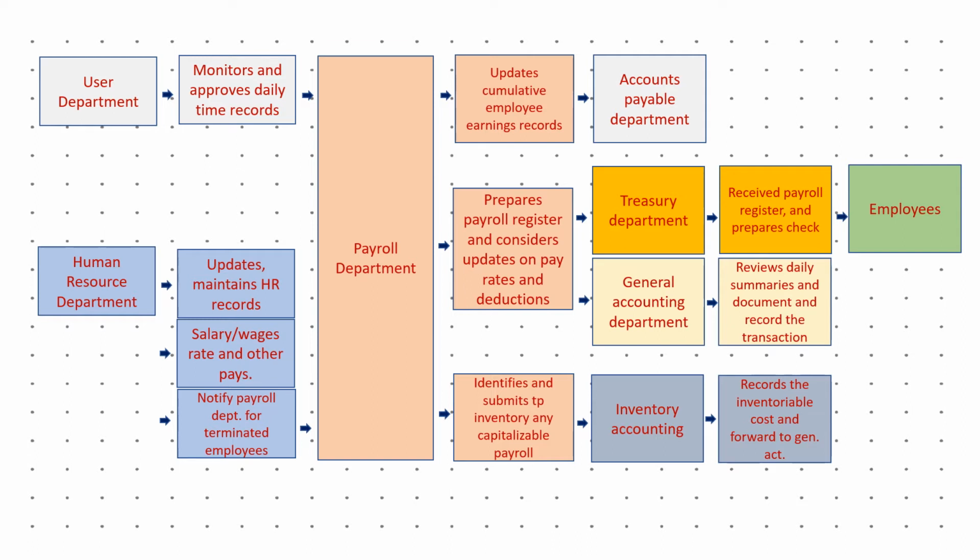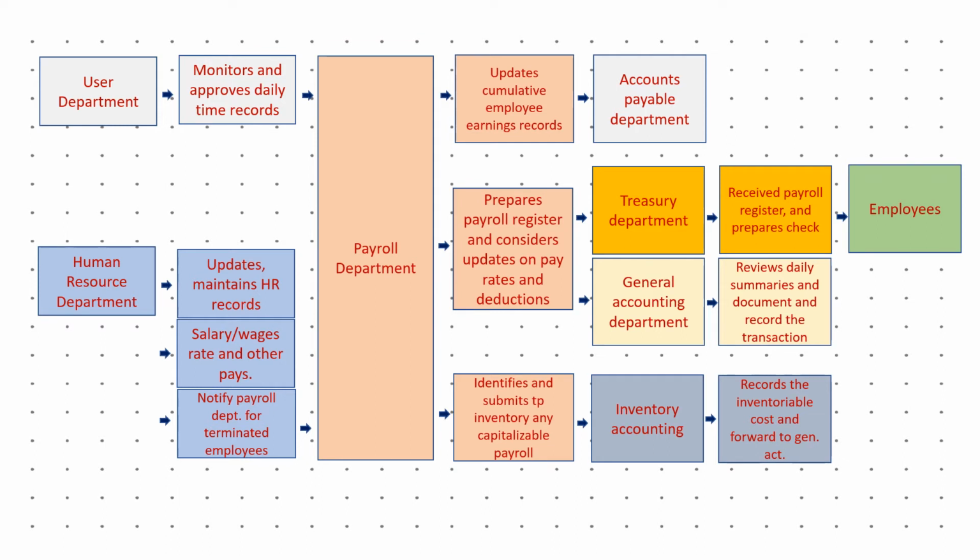They update and maintain human resource records. They also maintain the information for the payroll department as to the salary and wage rates, which differ for each employee, and also other pays. And they notify the payroll department of terminated employees.